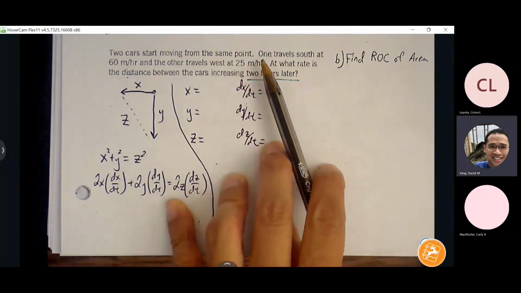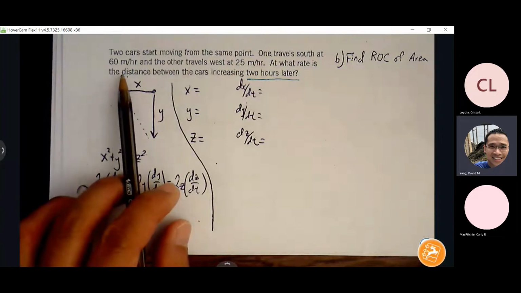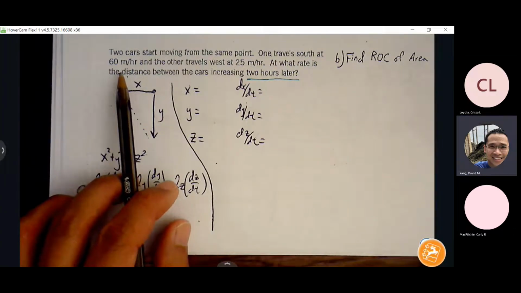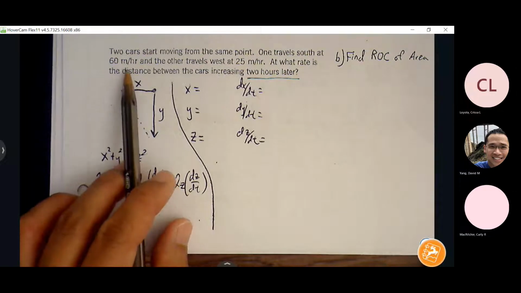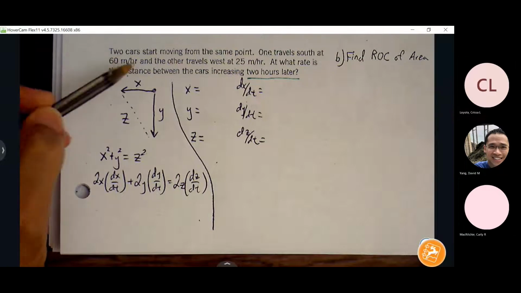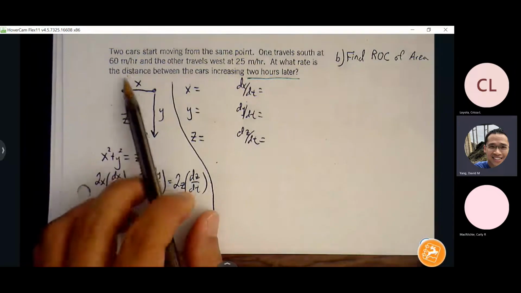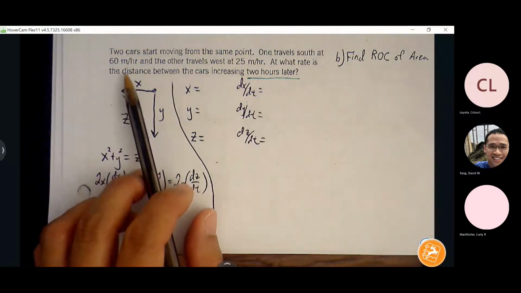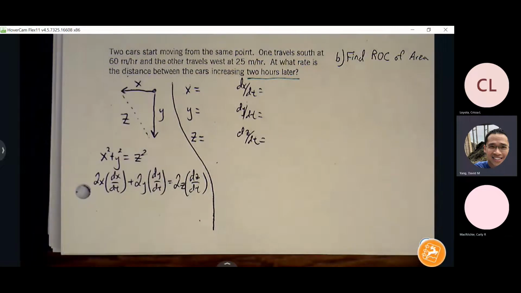Okay, so one travels south at 60 miles per hour. I think this is meant to be miles per hour, so M is miles. 60 miles per hour south, that'd be dy/dt.